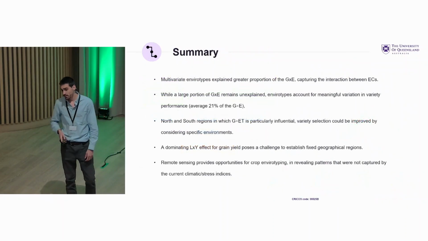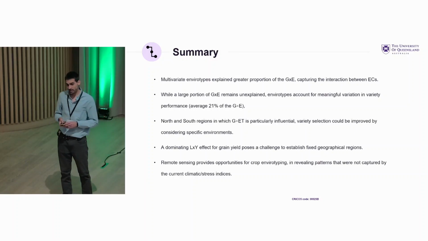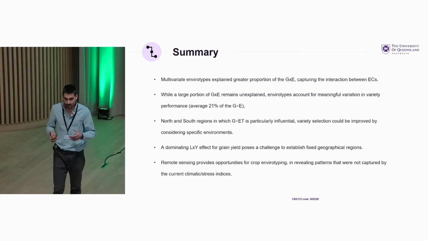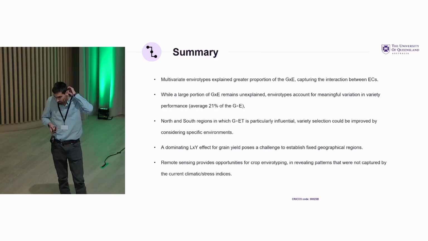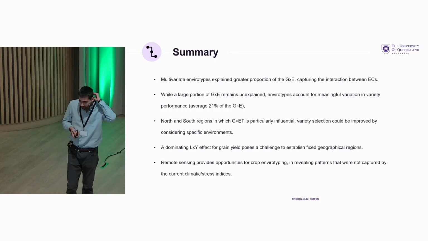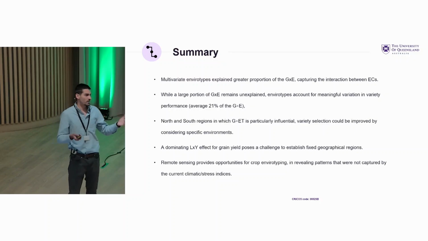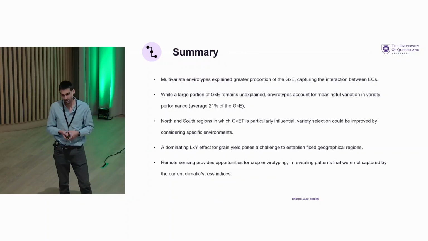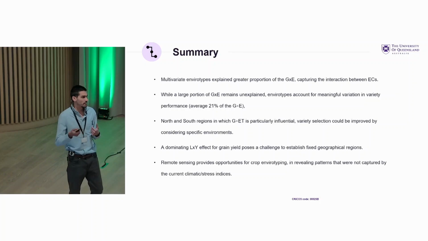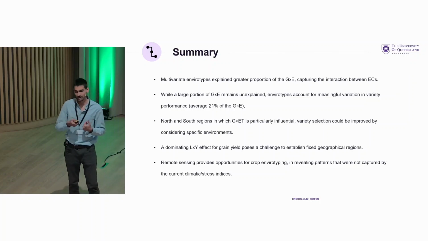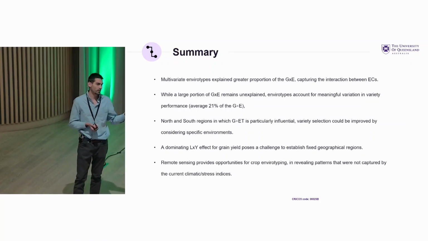So again, as a summary, the envirotypes that we defined up until here capture a greater proportion of the G by E compared to the reference water stress types that we have in Australia. Again, there is still an amount of G by E that we're not capturing. There is still significant G by E, but consider that these are only 4 classes.